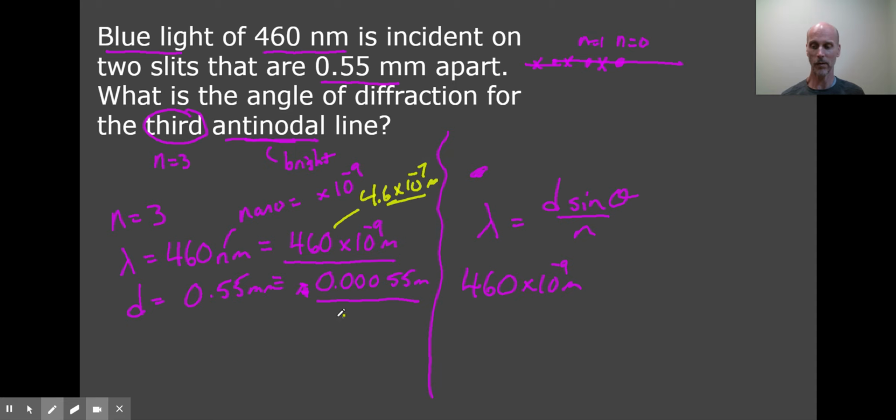But if you want to avoid too much conversion, just go ahead and write that as exactly what a nano is, 10 to the minus 9. Then d, 0.00055 meters, the sine of the angle, and divide by n. n is 3.